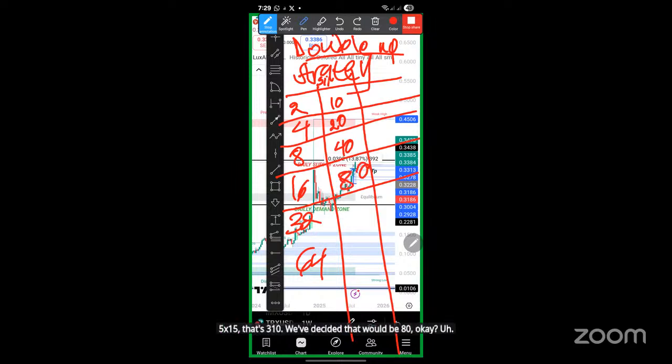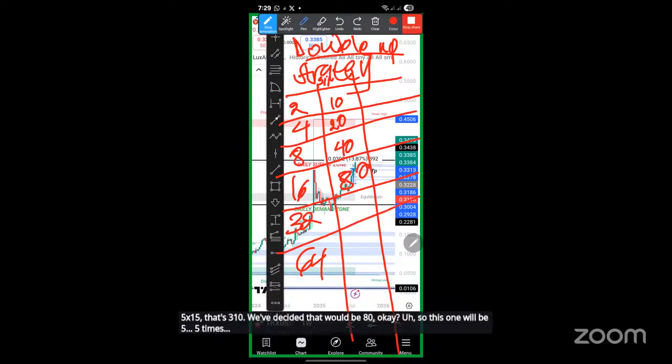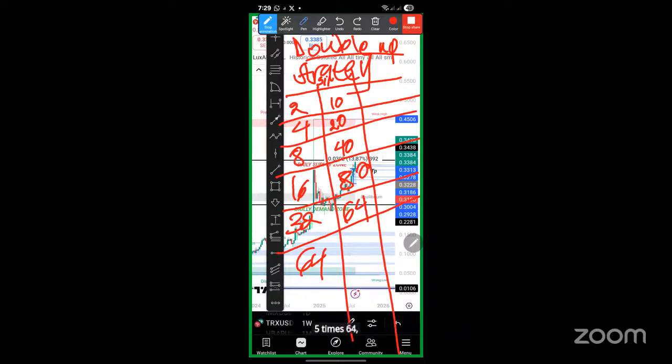This one will be 5 times 32, that is 160. This one will be 5 times 64, that is 320. And this is 64, and 64 plus 64 is a double up strategy, so 128. You understand? Yes.